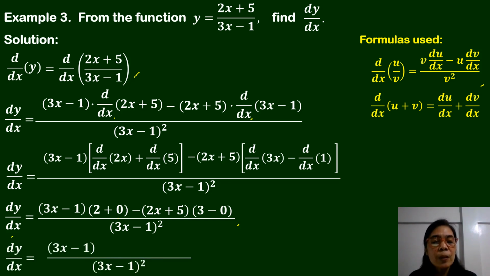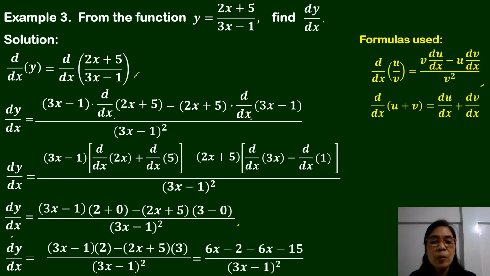That gives us now the quantity 3x minus 1 times 2 plus 0, which is equal to 2, minus the quantity 2x plus 5 times 3. So we simplify. We distribute: 3x times 2 is 6x, negative 1 times 2 is minus 2. This is minus 2x times 3 is minus 6x.